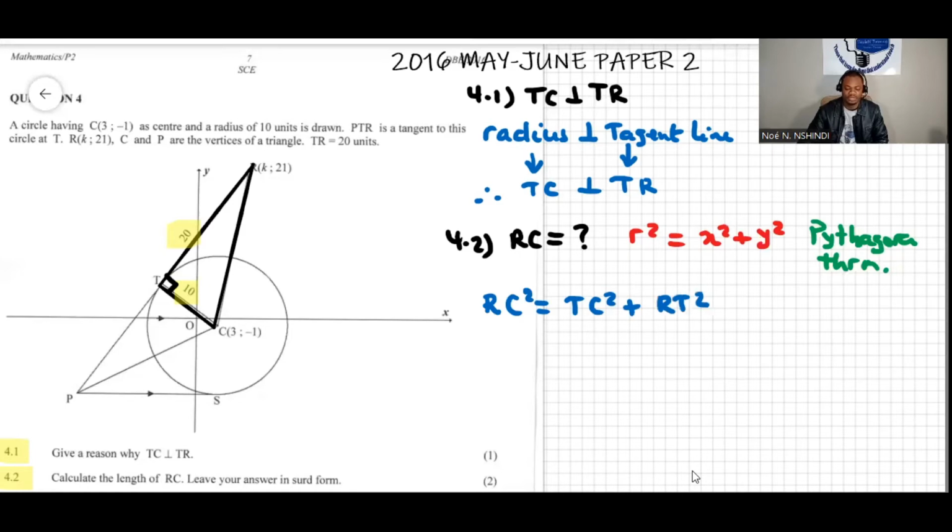So this will be 10 squared plus 20 squared, and that makes 100 plus 400. 20 squared is 400.